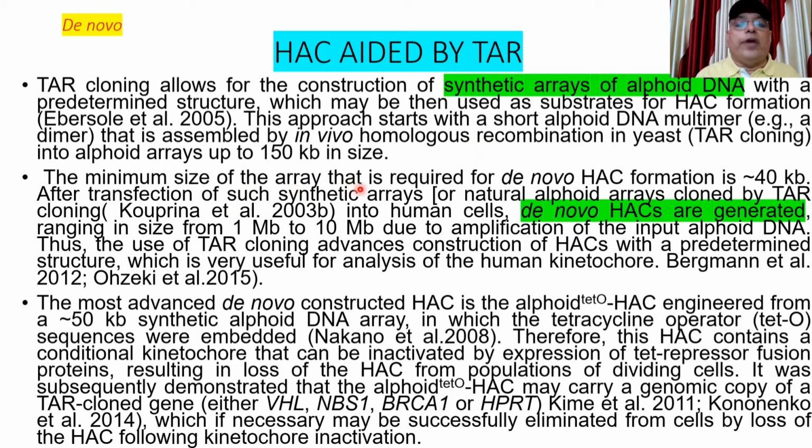The minimum size of array that is required for the de novo is about 40 kilobases. After transfection of such a synthetic array, that is after introduction of the alphoid array created by TAR cloning into human cells, de novo HACs are generated. I have dealt with alphoid satellite DNA in detail while dealing with the centromere.